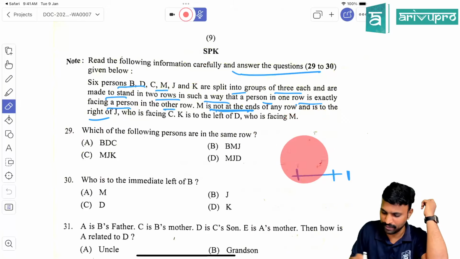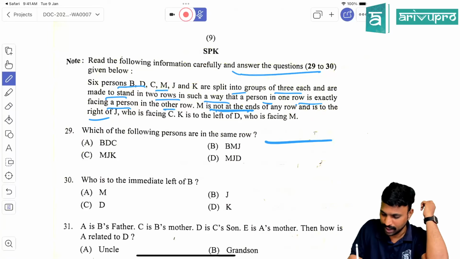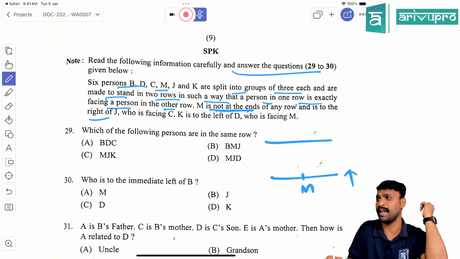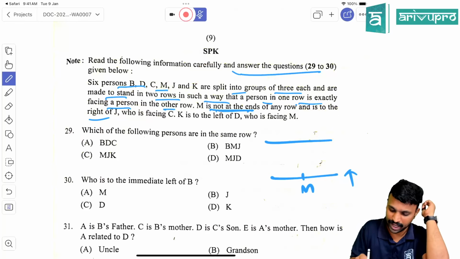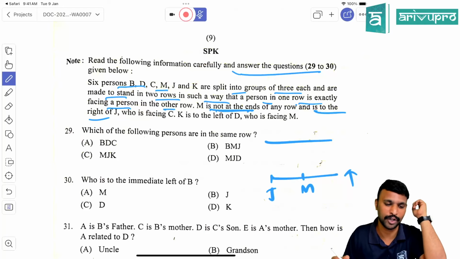To avoid that confusion, you can take up M at the bottom positions only. That means north facing only. M is not at any ends means M is at the middle, and M is to the right of J, so J should be over here.